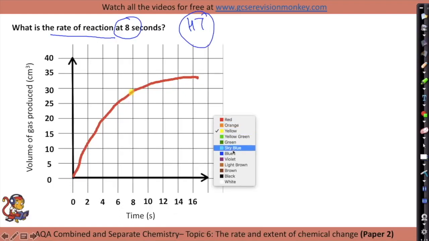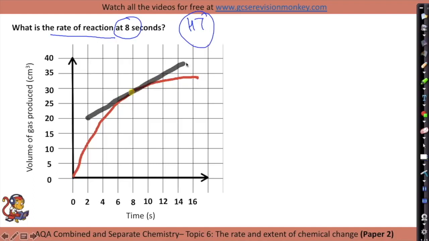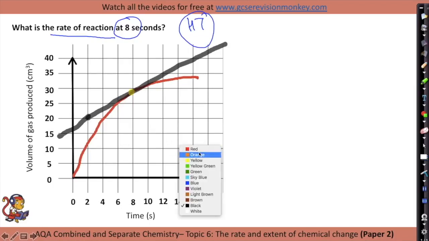So to calculate that, you would have to draw a tangent on your graph at 8 seconds. So if I try and draw a tangent on here, you obviously use a ruler, and your tangent is a straight line that goes as close to the line as possible. You will get leeway either side of this when you do yours in your exam.